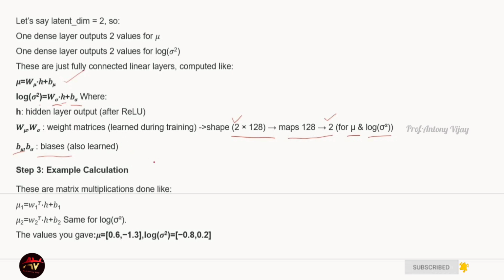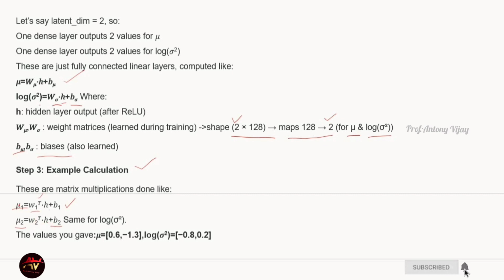The example calculation for the above unit: for calculating mu1 we use W1 transpose times H, where H is the hidden layer output, plus B1, where B1 is the bias value. The same is applied for mu2: instead of W1 we use W2 transpose times H plus B2.